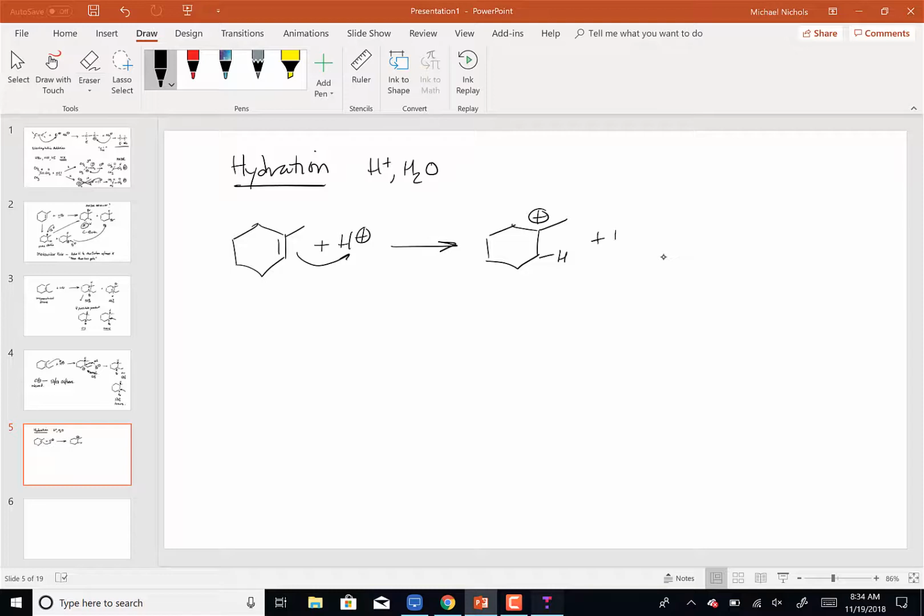Now I'm going to add my H2O molecule. Remember, my entire H2O molecule adds, because I'm back to SN1. And what do I form? An oxonium ion.